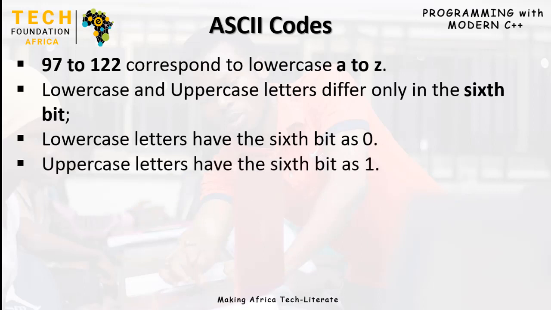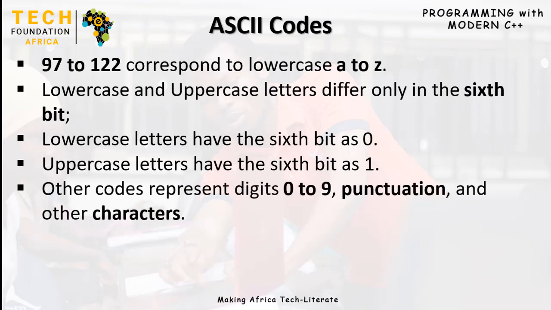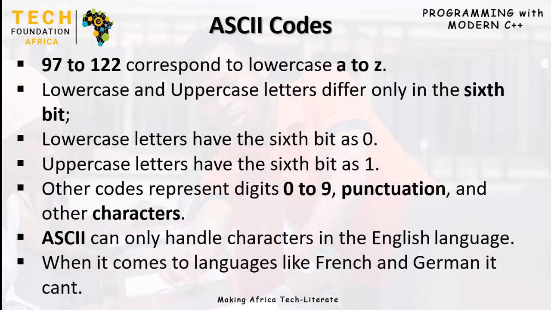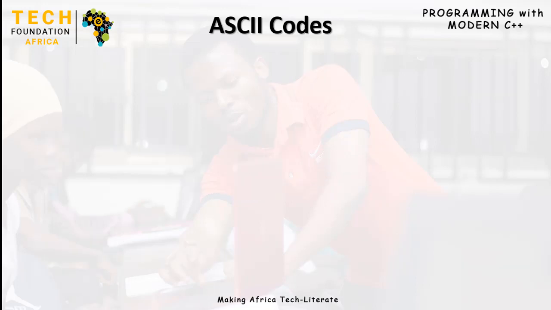Now, ASCII can only handle characters in the English language. When it comes to languages like French and German, where you need things like accents, ASCII will fail because ASCII values do not include those characters.